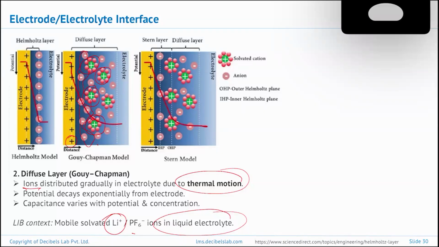When you charge and make the electrode positive, that positive electrode attracts negative ions and they adsorb. When you start discharging and change the polarity of the electrode, that was positive and had attracted negative ions, if you make it negative, the ions detach. It's not permanent.